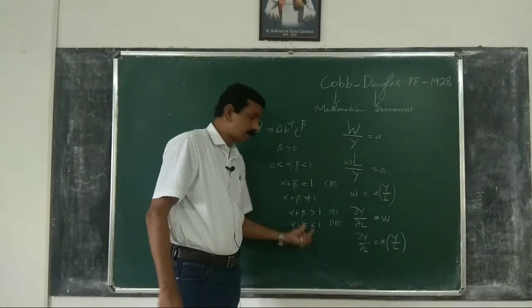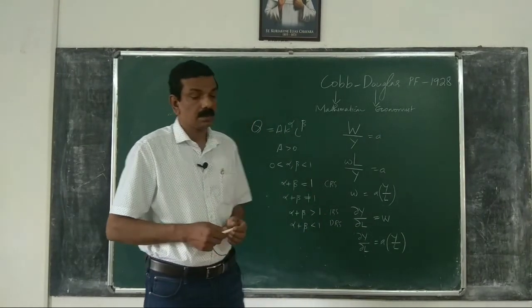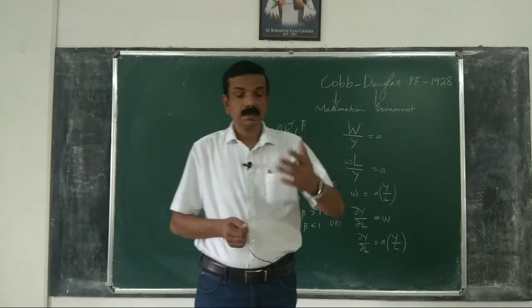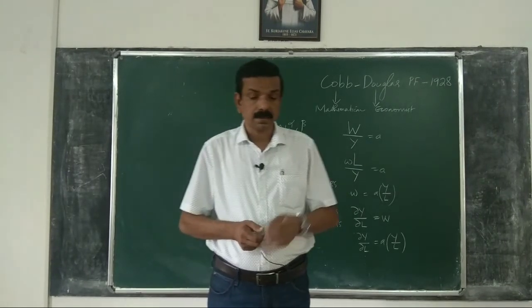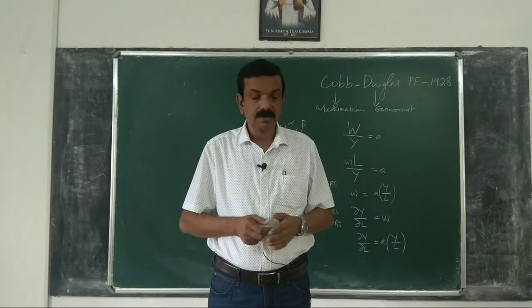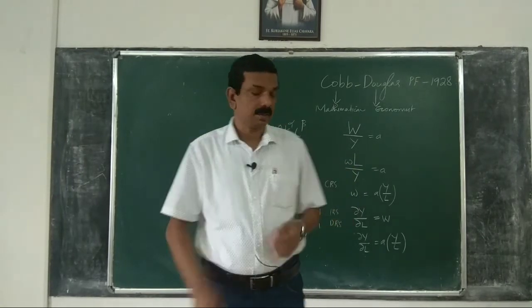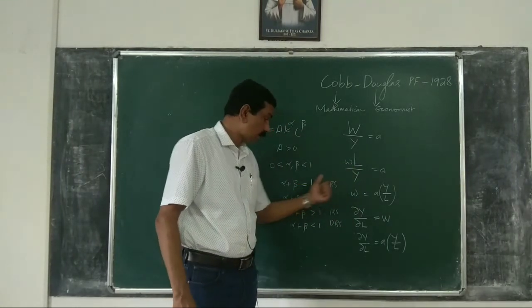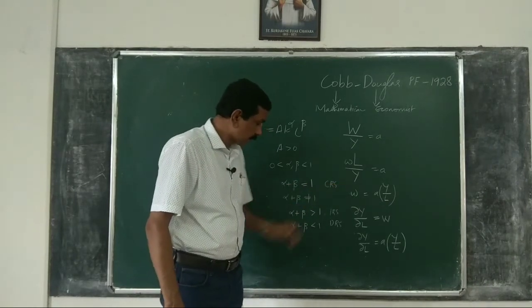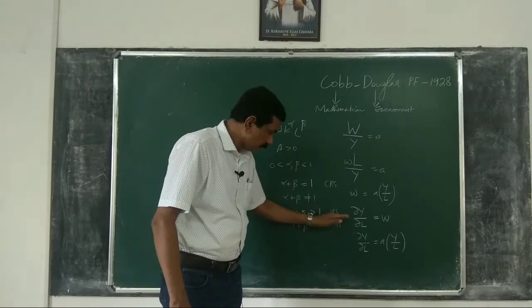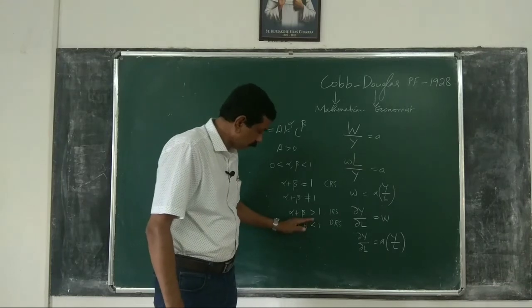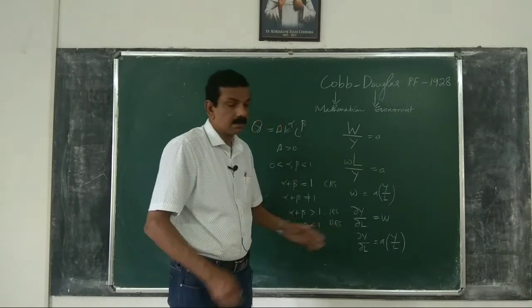So, Cobb Douglas production function exhibits constant returns to scale, increasing returns to scale, and also diminishing returns to scale. All these are possibilities. If alpha plus beta is equal to 1, constant returns to scale, greater than 1, increasing returns to scale, less than 1, diminishing returns to scale.